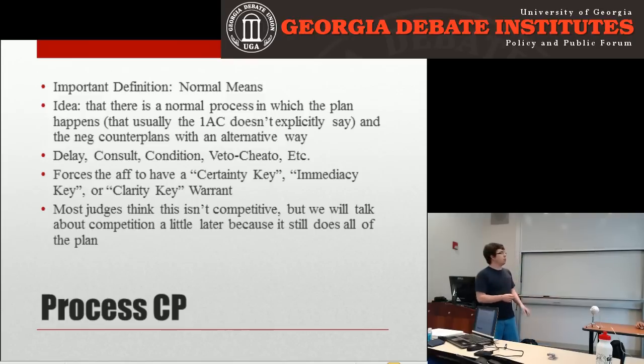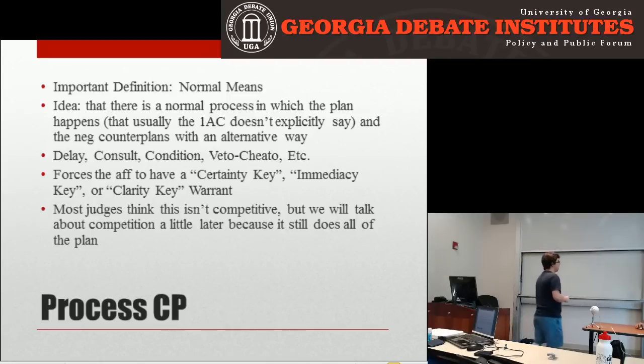What the negative will say, though, is that it tests and forces the affirmative to defend the certainty and immediacy of the 1AC. And nowhere is that really explicitly said in the 1AC, that the 1AC is certain or immediate, but it's a little bit implied.